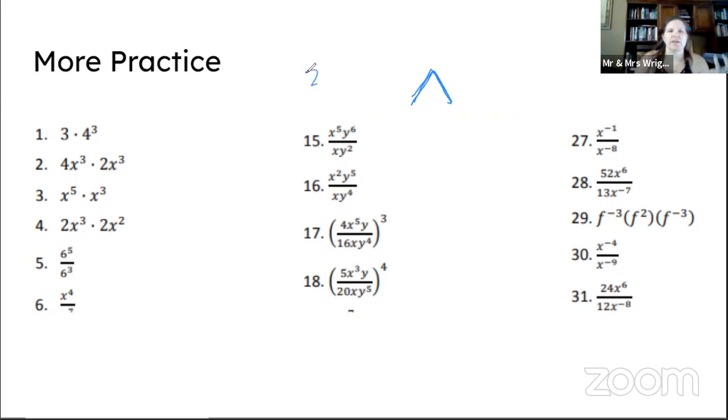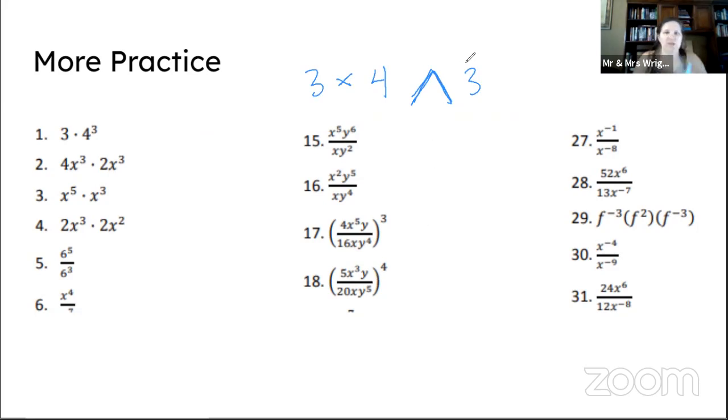So in my calculator, I'm going to write 3 times 4 caret 3.